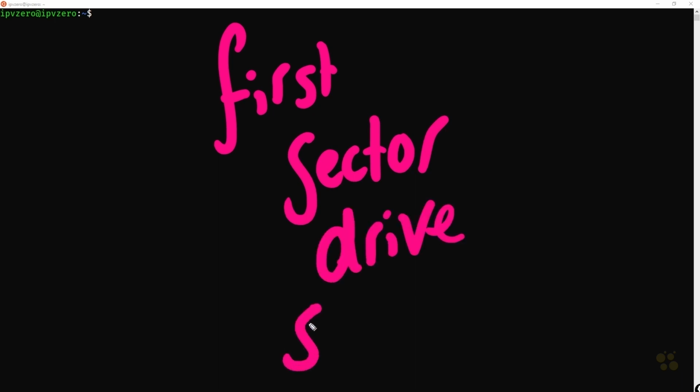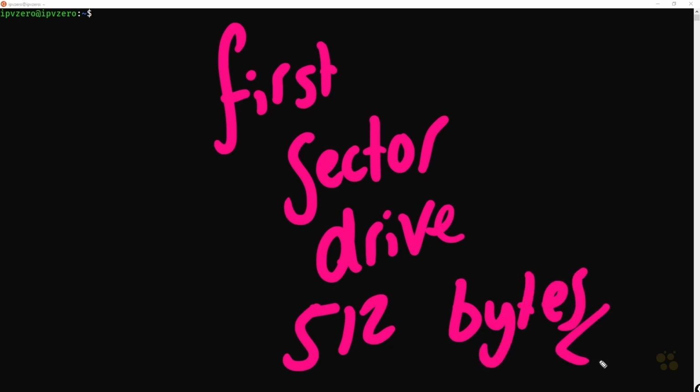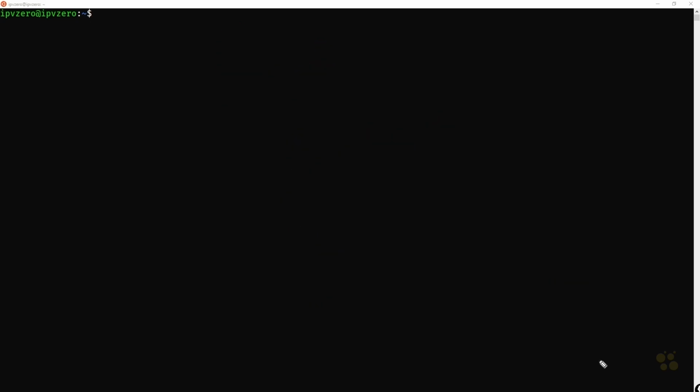The MBR is only 512 bytes. Notice this is not gigabytes or megabytes, this is just 512 bytes. It's just a very small piece of information that's going to contain the bootloader program itself, as well as disk partitioning information. So like I say, the MBR provides us information relating to the bootloader.